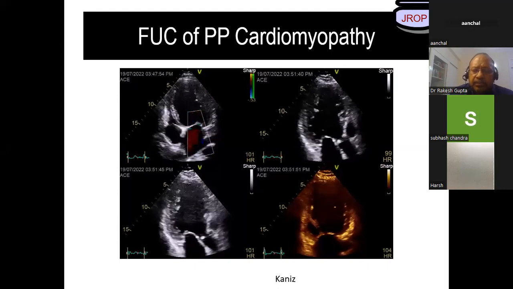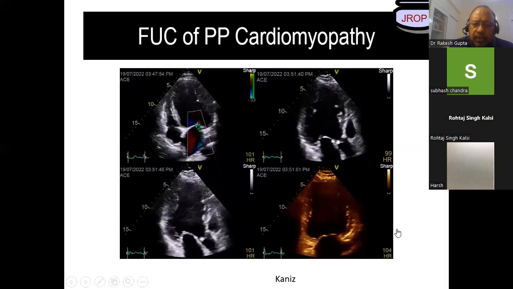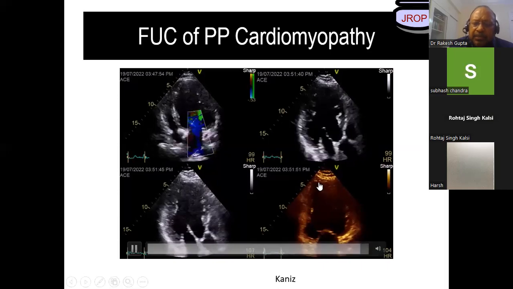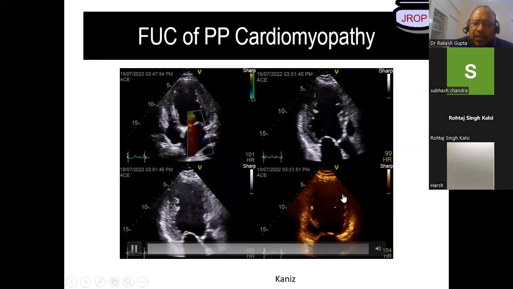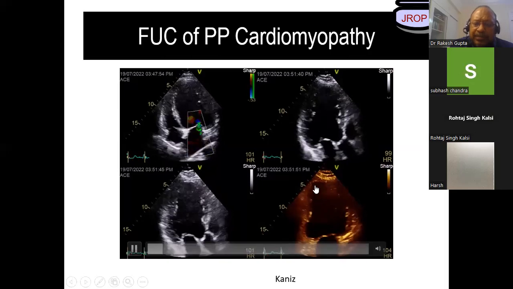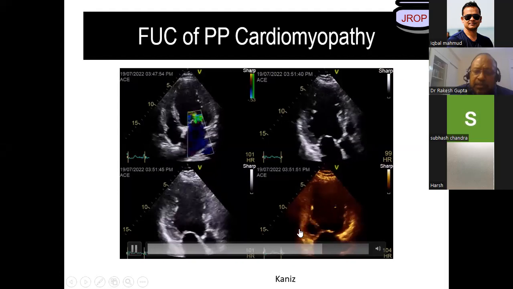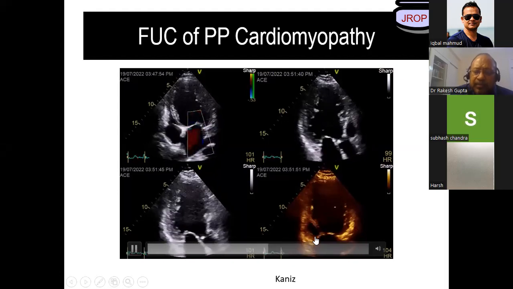Okay. I think apical segments are more hypokinetic than the basal ones. Apical segments are akinetic, man. Apical half of the inferior wall, apical half of the anterior wall is akinetic. It's almost thinned out. And apart from that, the basal septum is also akinetic. Basal inferior wall is also akinetic.